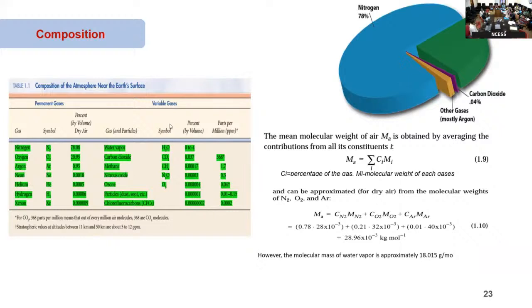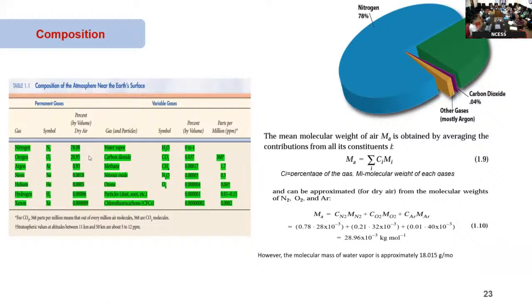Previously I told you about ozone, but the troposphere also has ozone. Tropospheric ozone is not as good as ozone in the stratosphere, so you should remember that. It also has suspended particles like aerosols and other things. There are many components, but the major ones are nitrogen, oxygen, and argon.